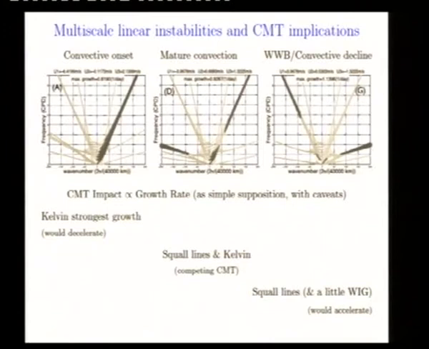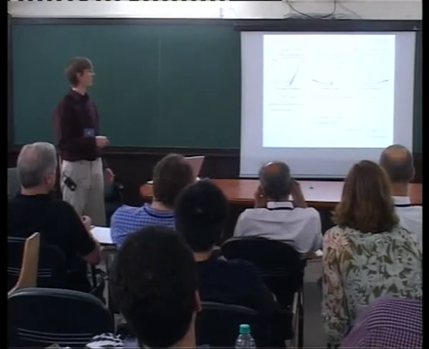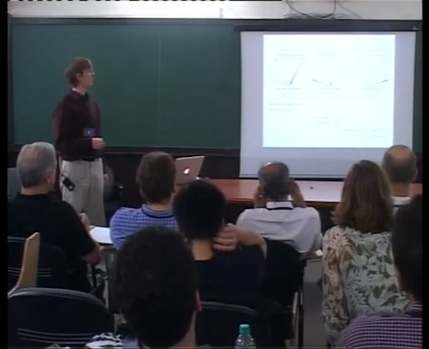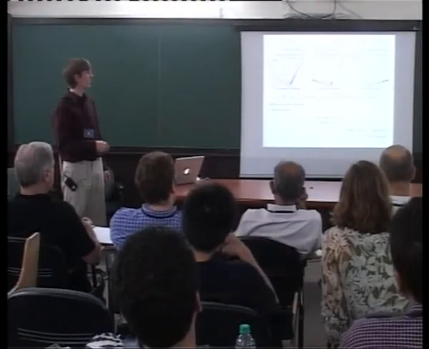So at the earlier stage, sort of the convective onset of the MJO, it's the Kelvin waves that have the strongest growth, and those would tend to decelerate the winds at that time. At the mature convection stage, there are squall line-like features as well as unstable Kelvin waves.